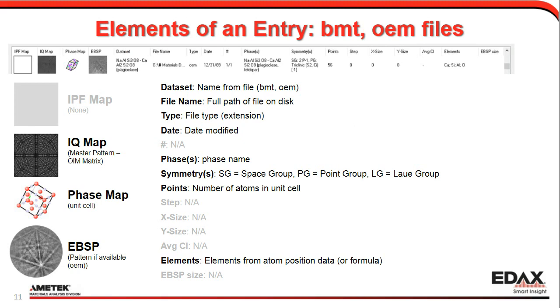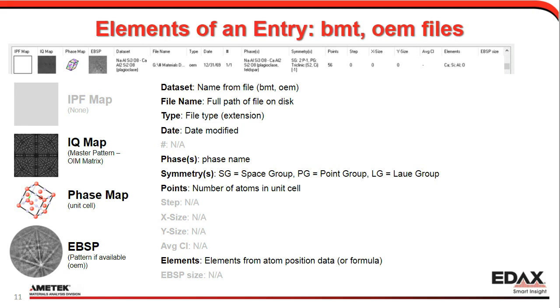It will show a little wireframe, ball and stick model for the unit cell, and also an EBSD pattern if available. And you can see the other things. Some of the columns will have data that's not available, and there's just a dash there or a 0.